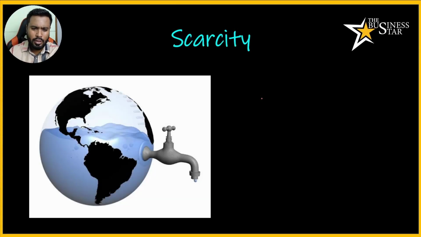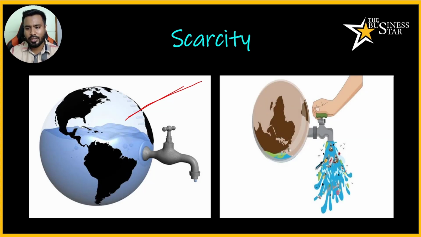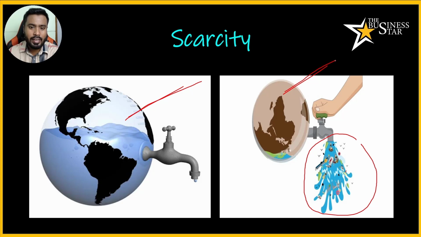Now let me show you one or two more images. Over here we actually lack clean water. We have a lot of ocean water in the world, but we actually lack clean water. So that is also scarcity for some countries. And this is another image that shows we are using all the resources of the country, and as a result, the country's resources are diminishing.